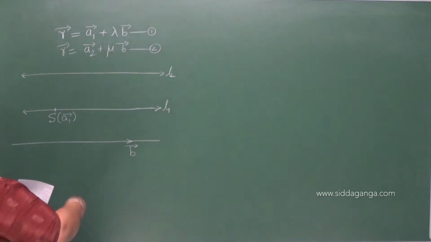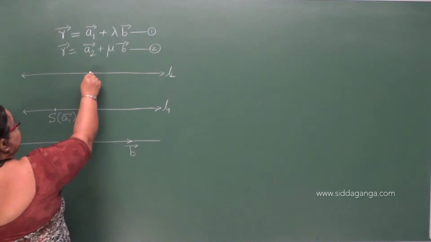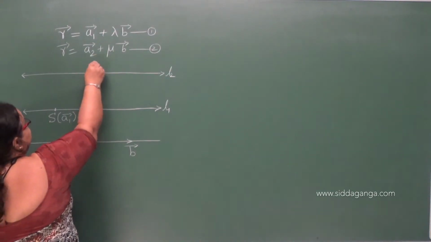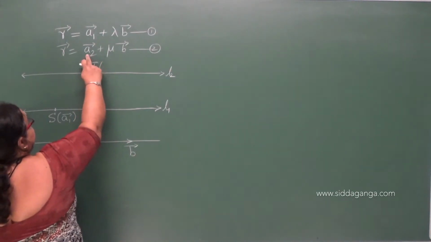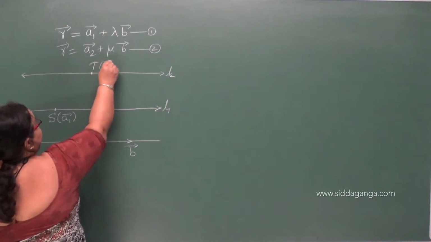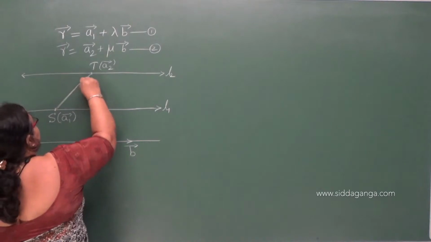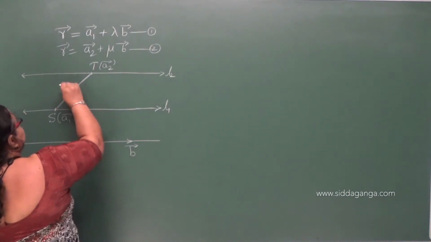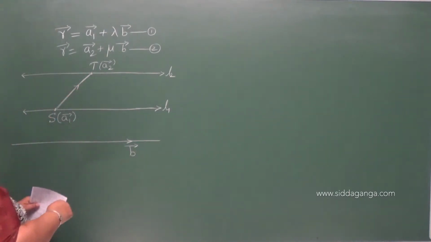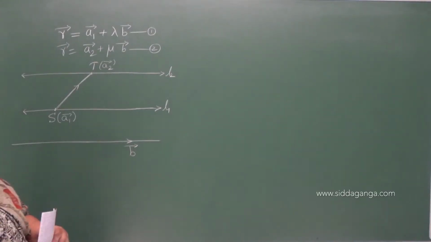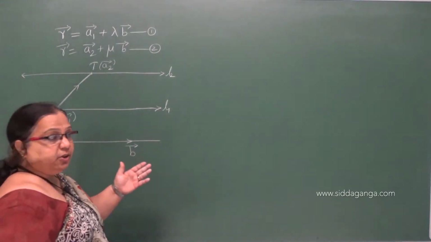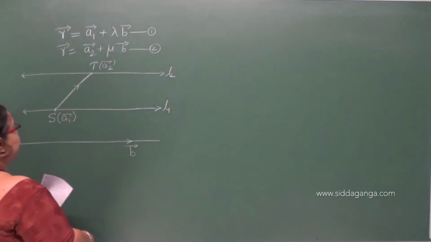And the second line passes through the point P whose position vector is A2 vector. Now you join ST. ST is a vector, because we are taking the vector algebra part and doing the derivation.